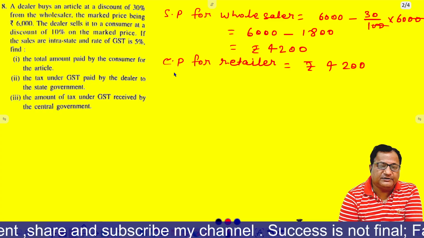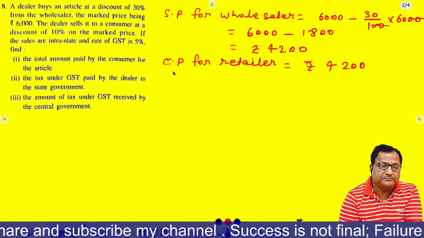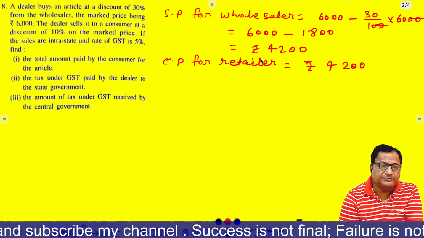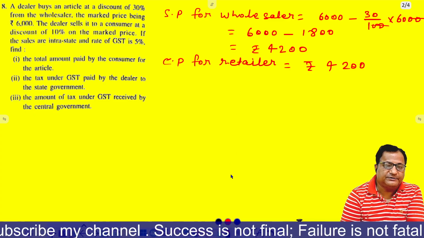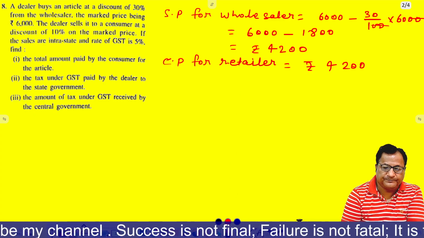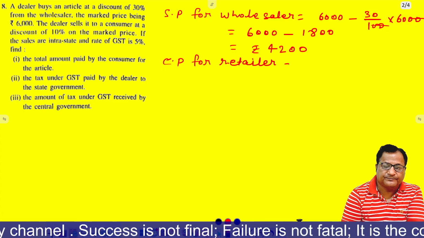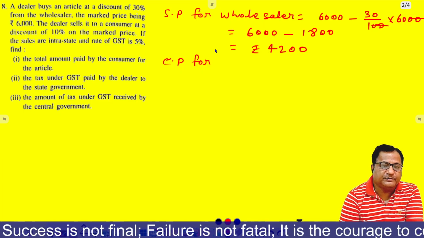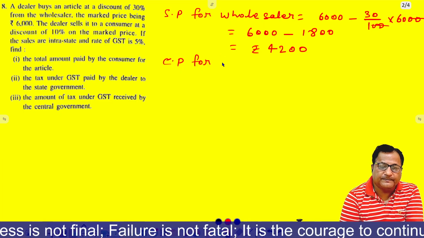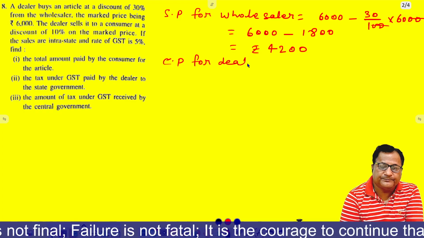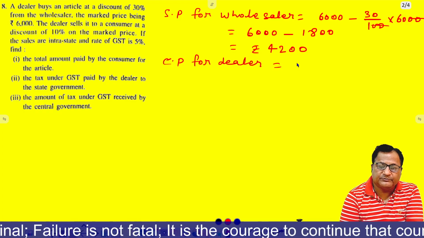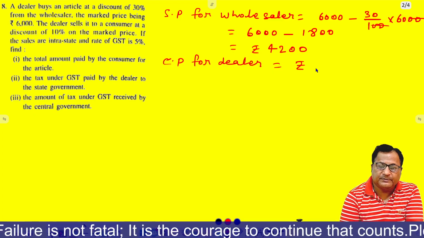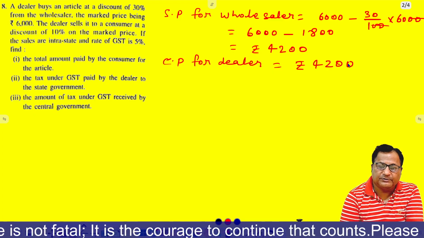The dealer sells it, CP for the dealer is equal to rupees 4,200.